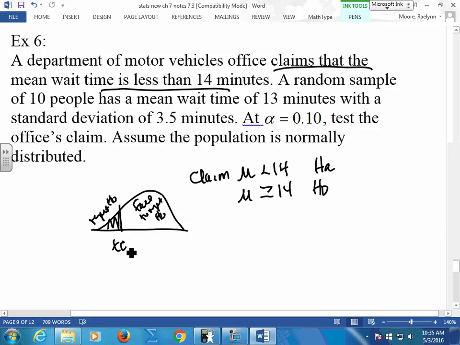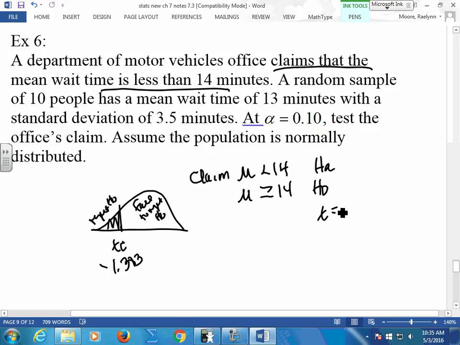Find me your TC. Am I going to have to make it a negative or a positive? A negative. So find me your TC. You technically don't have to do this if we're testing a p-value, but let's just throw it in there. Okay, so we're going to do your test statistic.